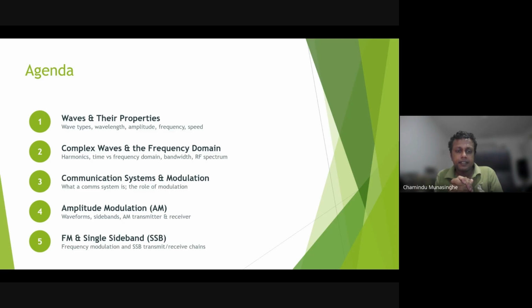Then we'll talk about communication systems, a bit about modulation, and a bit about AM, FM and single sideband. Depending on what time permits, we'll see. I'd also like to do a couple of simple demonstrations as well. So let's dive in.